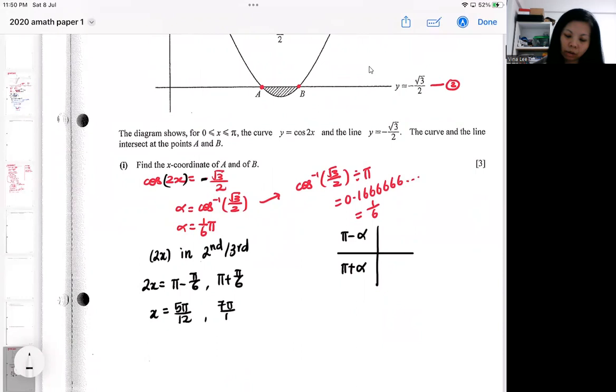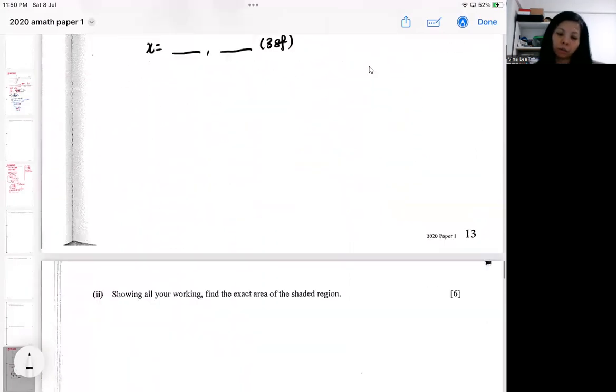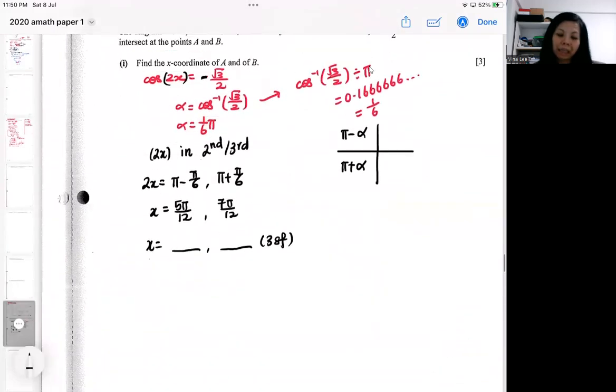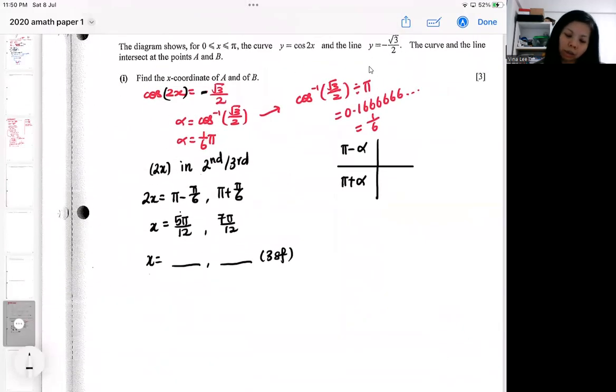Now, the question does not mention that you must leave the x coordinate in exact form. So if you want to, you can make it into 3SF, and it's fine if you leave it in 3SF. But because subsequently you will be using the coordinates to find the shaded area, it will be easier and more accurate to use the exact form for your area under graph.